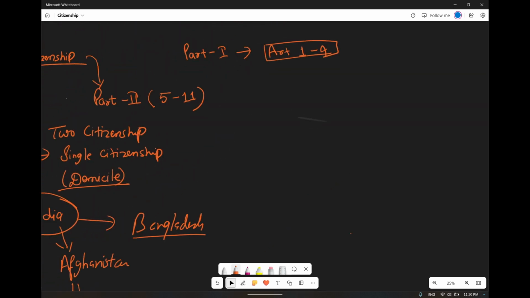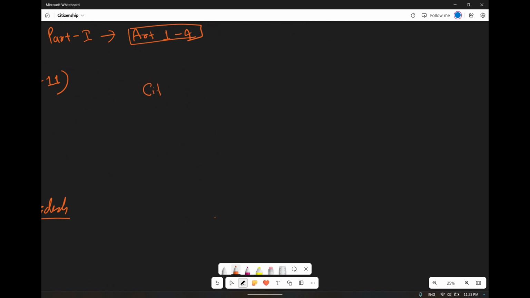First we have to understand citizenship. What do we understand by citizenship, versus aliens? Aliens means the people outside our country, and citizens means the people who are inside our country. So we follow the Canadian mode of citizenship; we don't follow the USA mode of citizenship.